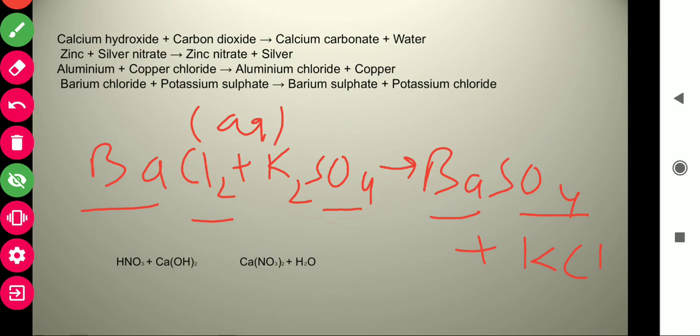How much chlorine is there? 2. How much here? 1. For making them equal, we will keep 2 here, and we will see that potassium is automatically balanced. Now every element has the same number of atoms on both sides. It means it is also balanced. In this way, we can balance the equation.